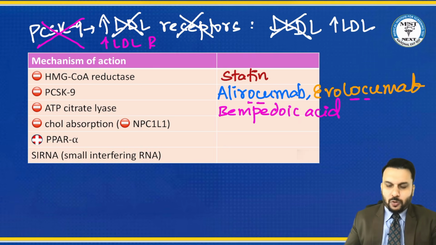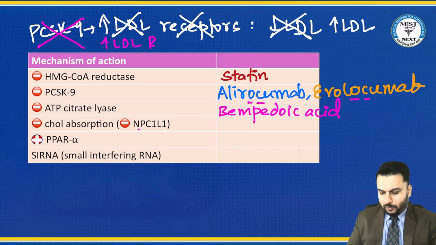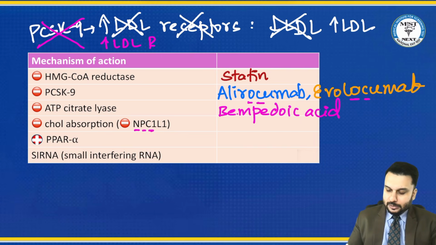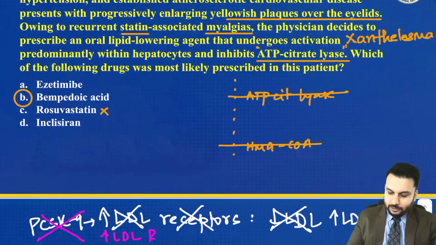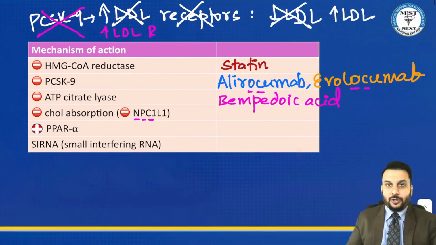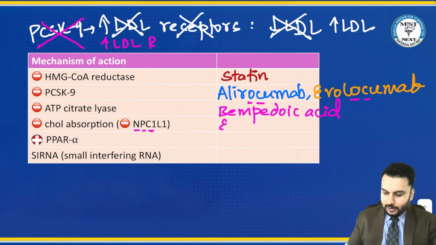It works on the Niemann-Pick protein, NPC1L1. That's the name of the protein that helps in cholesterol absorption. So our drug blocks that protein. This is the drug we had in the option, called ezetimibe.